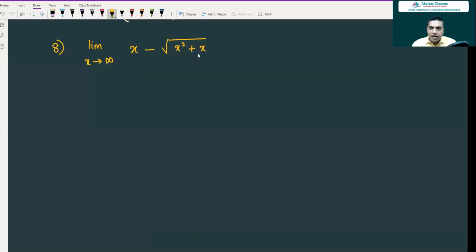So now this is again, if we observe, an infinity minus infinity form. Now we don't know, infinity minus infinity can be infinity or it can be minus infinity, depending on which number is greater.